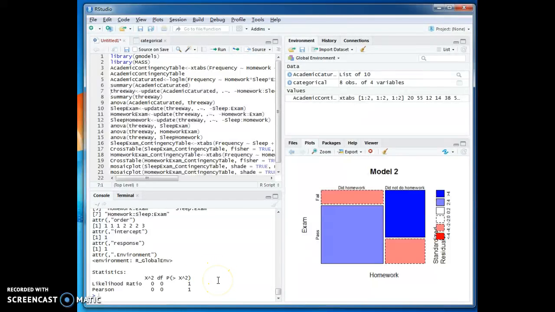Next, we are going to see if all the main effects and also the two-way interactions will fit our data or not.